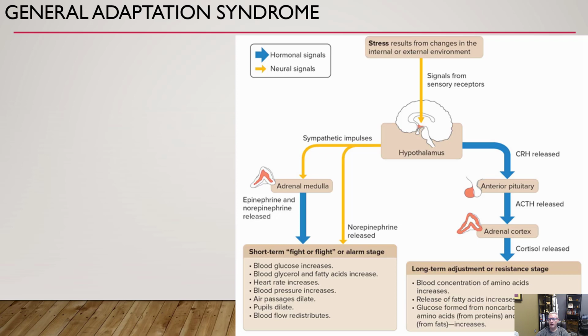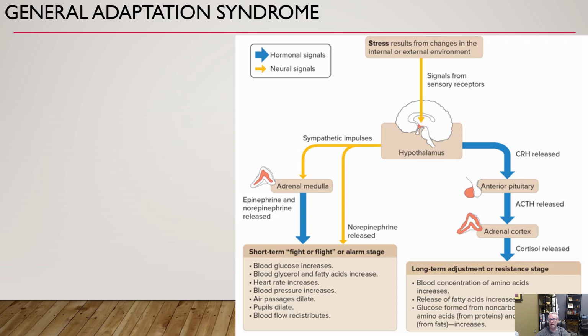And then we have the resistance stage, where your stress signals from your sensory receptors stimulate the hypothalamus to release this CRH. And the anterior pituitary releases ACTH, which stimulates the adrenal cortex to release cortisol.